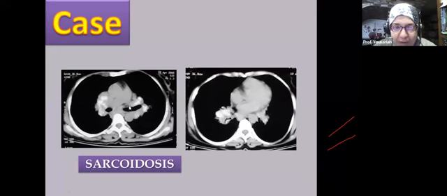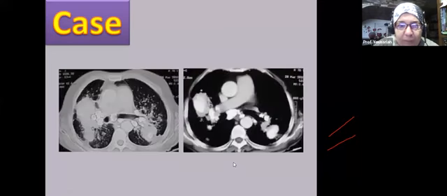As you can see, the right paratracheal, the subcarinal, the bilateral hilar, and even the right lower lobe lymph nodes show calcification. In this case, there is extensive calcification of the lymph nodes. If you look at the lung window, you will see the classic eggshell calcification. You have heard this term a lot.